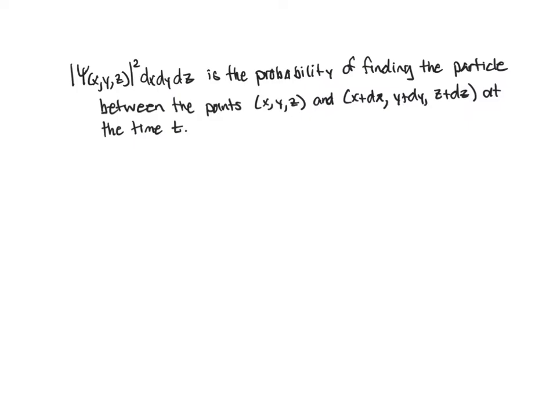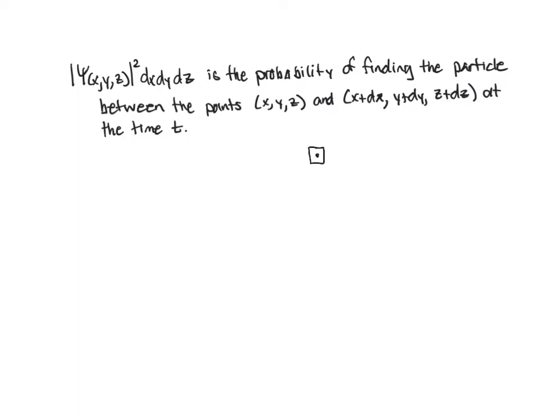So the first important concept is that this probability density times the volume element is going to be the probability of finding the particle between the points x, y, z, and x plus dx, y plus dy, z plus dz at the time t. So the probability of finding the particle at some point x, y, z, within some particular volume element around x, y, z.